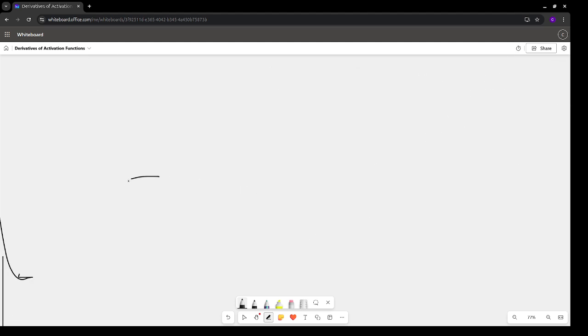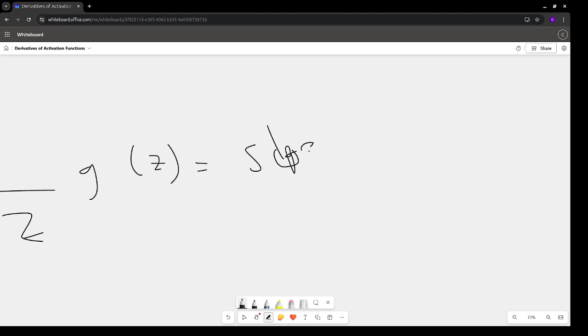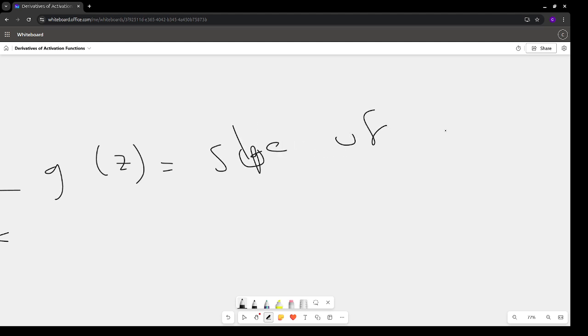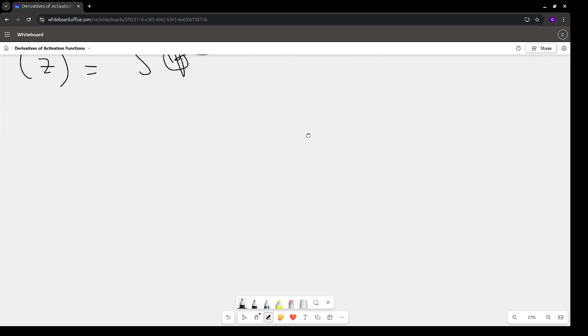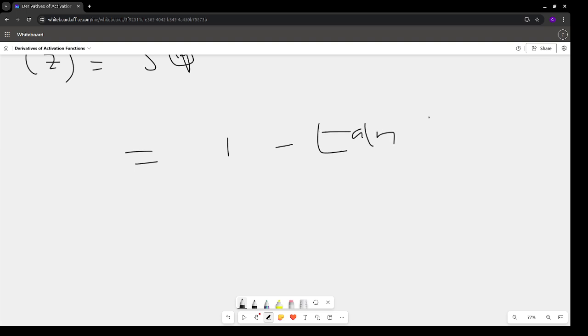This will be looking like g of z, g prime of z equals the slope of g of z at z, which equals 1 minus tanh of z squared.